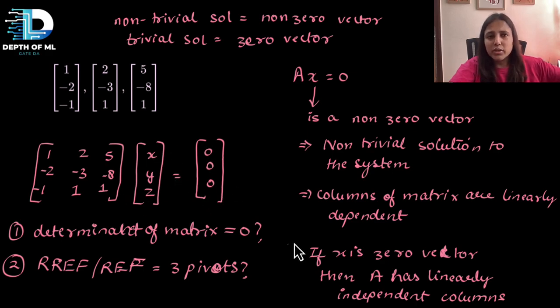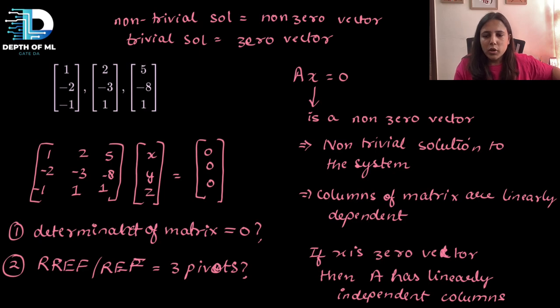Okay, and why are we doing this? Because we know the definition of linearly independent vectors, or let me call them LI vectors, that will be easier for me.